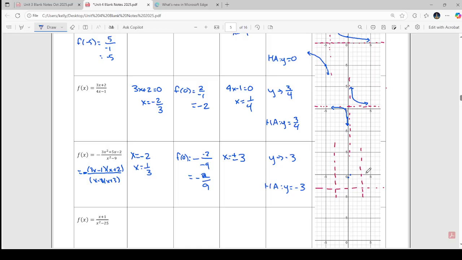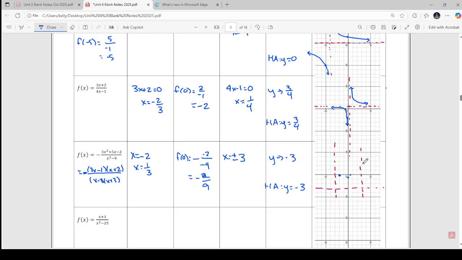Okay, so what do we have here? I need to pause for a second. Okay, good, because what I forgot was my second x-intercept at negative 2. So I have 2 x-intercepts, 1 y-intercept. So now that will help me.